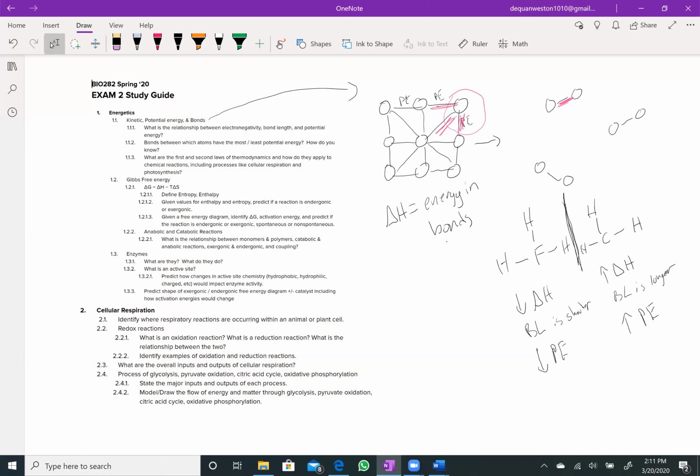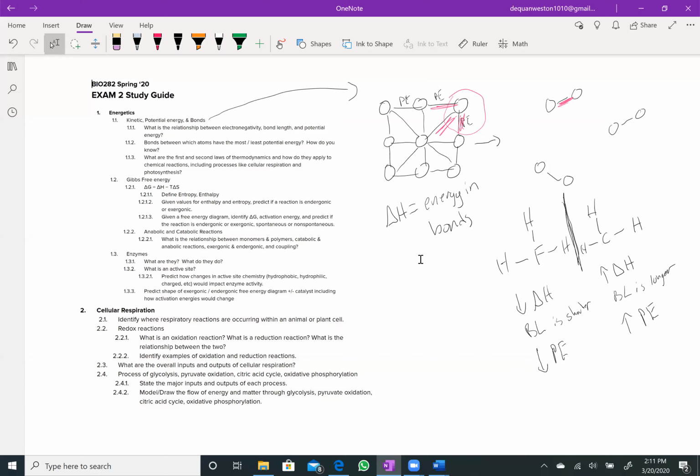So for the HF, would that be stable or not stable? It's very stable. Yeah, it's extremely stable. Those are really strong hydrogen bonds with that fluorine. So fluorine's very electronegative. It's actually the most electronegative atom there is, and that's a function of its Zeff, which is the effective nuclear charge.